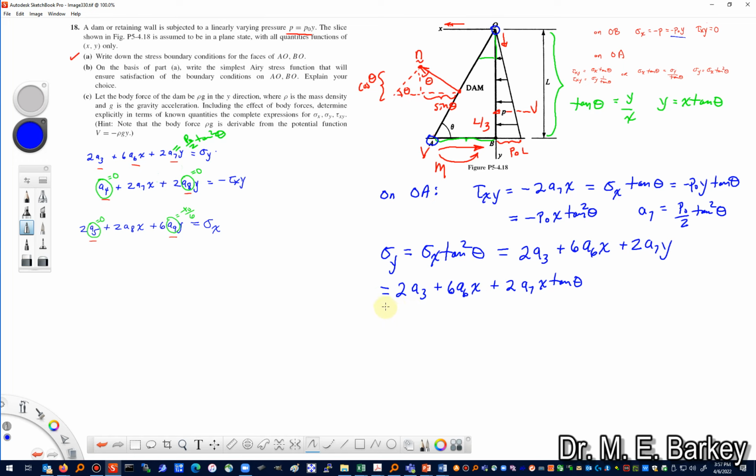Now, on the left-hand side, let's write it over here. Sigma x, let's write the whole line down. Sigma x tangent squared theta is equal to 2a3 plus 6a6x plus 2a7 tangent theta. Now sigma x is equal to minus p naught times y.